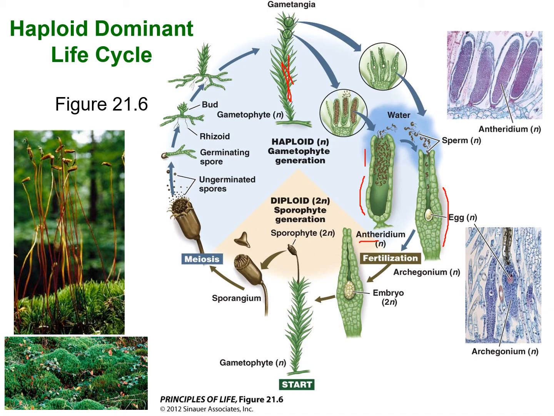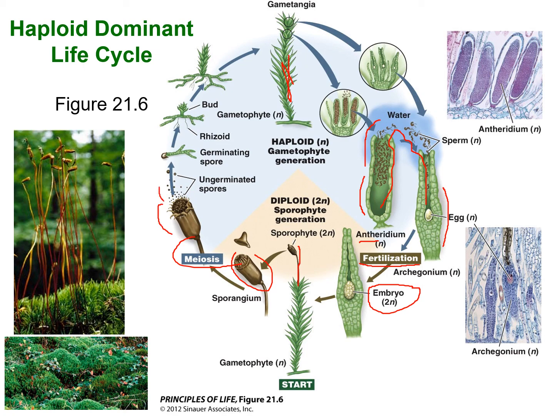But actually the male gametes here are motile. They are little sperm, and they have to swim out of the Antheridia here through some water to get down into the archegonium to fertilize the egg. So we have fertilization occurring now in this life cycle inside the archegonium, and now we have a diploid zygote, and then that grows into a diploid embryo, and that grows out of this structure here to form this little spike with a capsule on the end, and then inside that capsule you have meiosis going on to produce haploid spores, which then get dispersed.